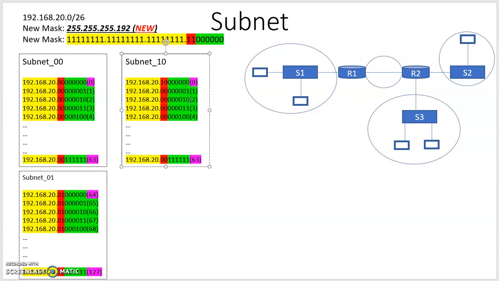So the first 2 bits, 1 0, are the third subnet. Keep counting from 0.